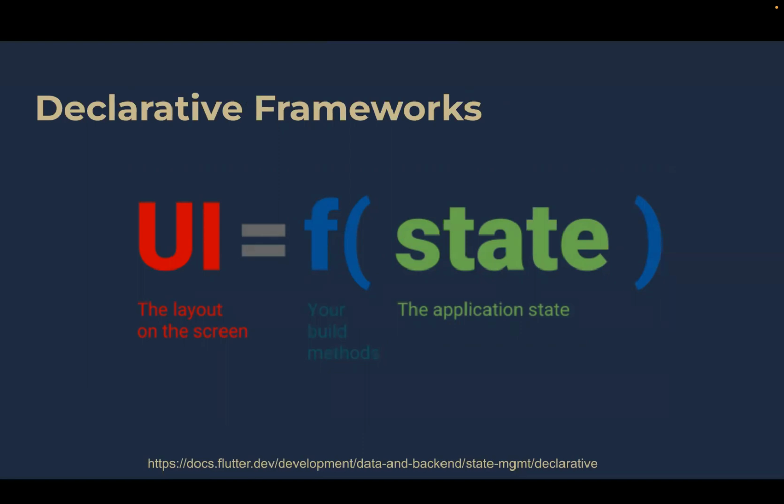Most programs are imperative, meaning that you'll specify procedurally how something should be done. So first do this, then do this, then do this. But Flutter is declarative, meaning that you'll specify how something is built rather than the steps it takes to build it, if that makes sense. So they say to think of your app as a function of the app state.